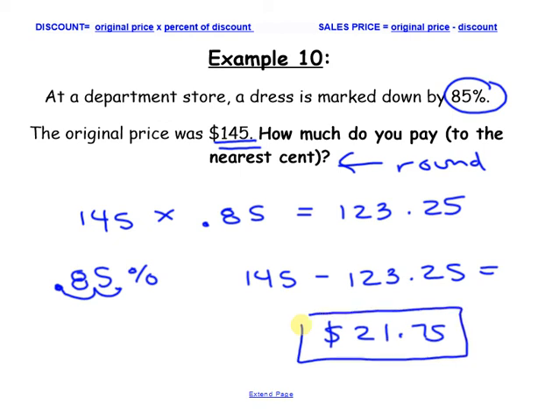All right, so the answer that I got is $21.75. It turned out that we did not have to round our final answer.